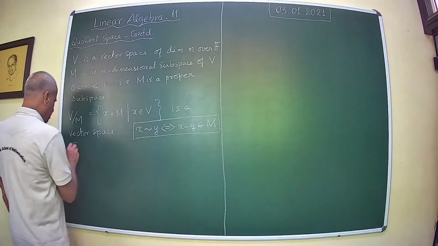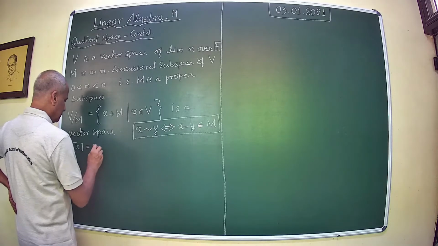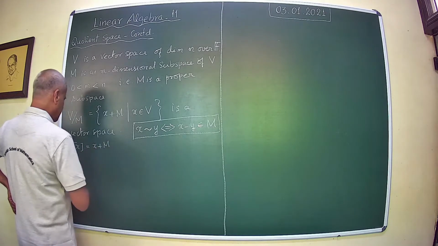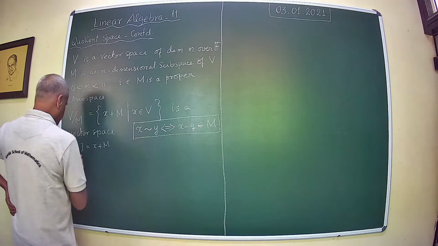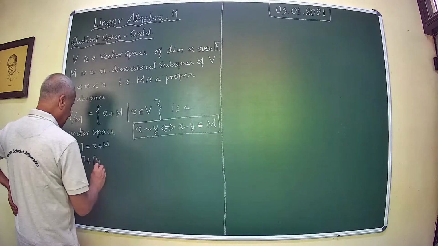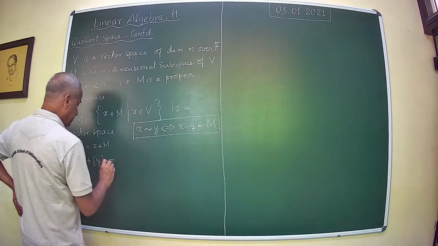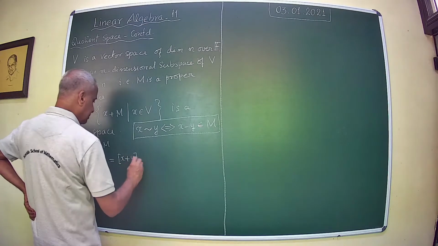So we denote by x bracket the coset, and then we have x plus y defined by x plus y. It is well defined.